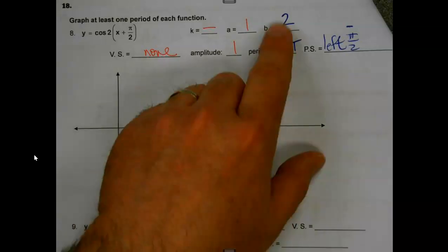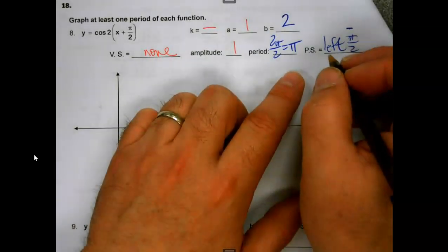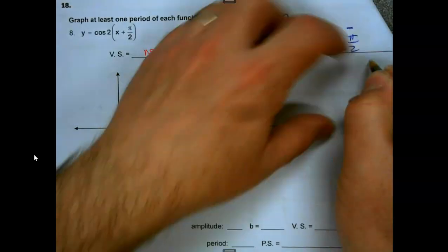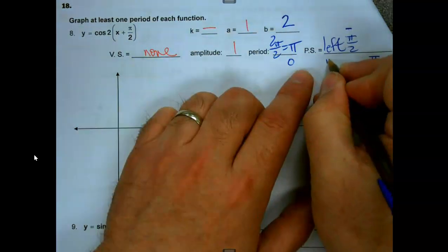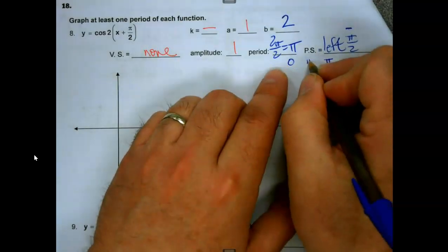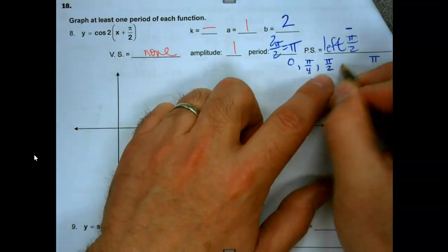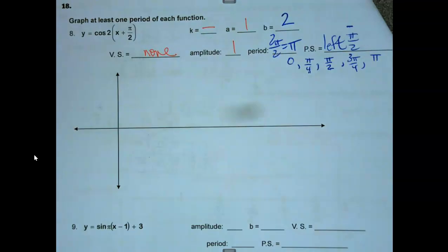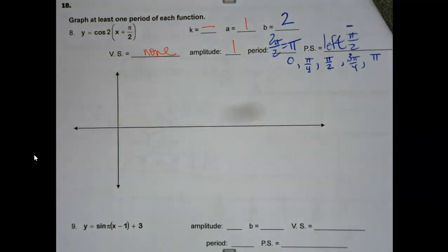So this is going to be my part where there's a little more work to do. So my period just got cut in half. So it starts at 0. It ends at pi. In the middle of that is pi over 2. In the middle of 0 and 1/2 is 1/4. 1/4, 2/4, 3/4, 4/4. But then we're subtracting pi over 2 from all of those.